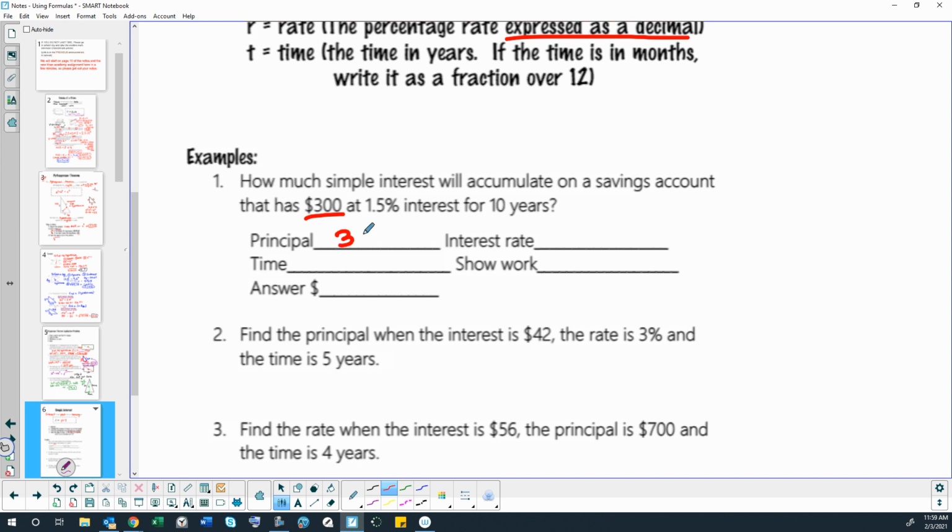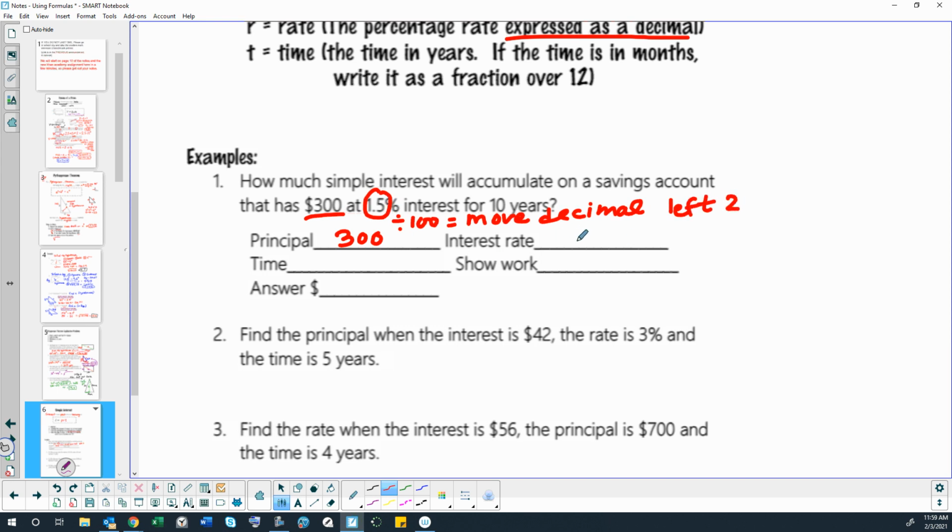So that's 300. The interest rate is 1.5%, but in order for it to work correctly in the formula, we actually need to take that number and divide by 100. Or another way to do that is to move the decimal to the left 2.